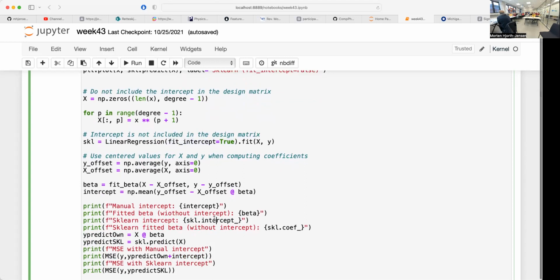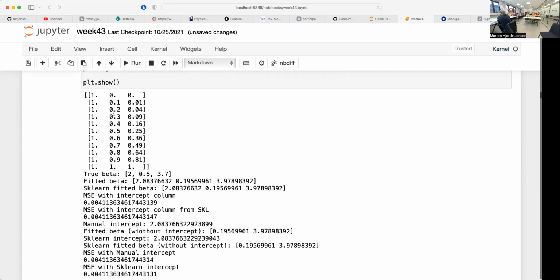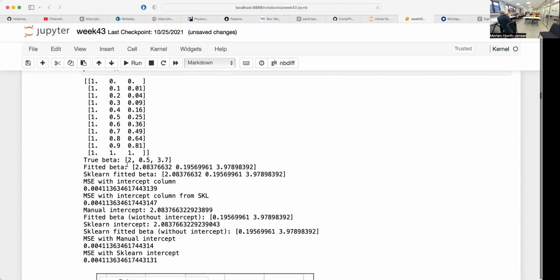And if I do that, let's run the code here. Here you see the design matrix. This is just the intercept, this is x to the power of 1, and this is x to the power of 2. And that seems to agree, right? The numbers here make sense. And you see now the true beta is this one, and the fitted beta.